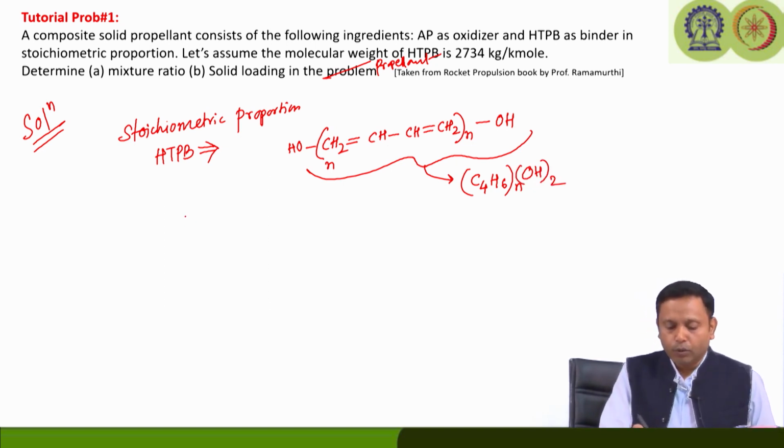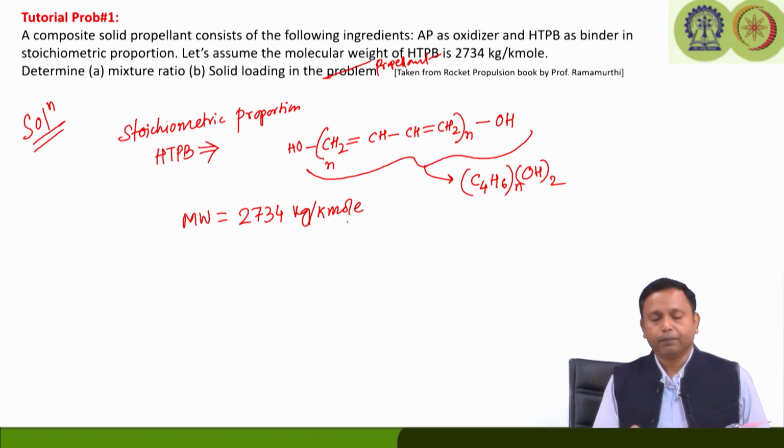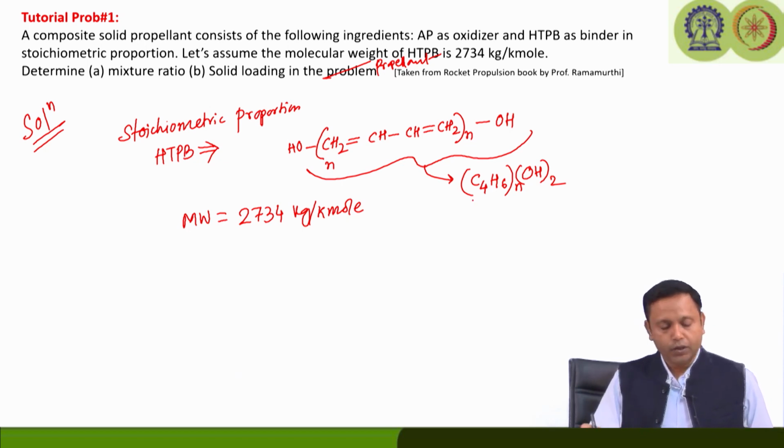Now, since the molecular weight is given as 2734 kg per kilomole, let us see what we can write from there: how many carbon, how many hydrogen, how many oxygen atoms are present, and accordingly we can find out the number n. So, let us try to do that.